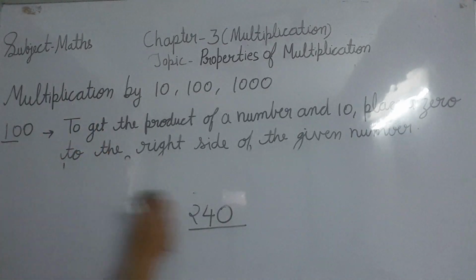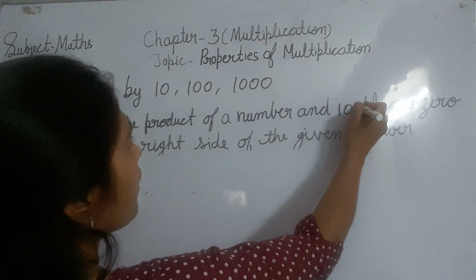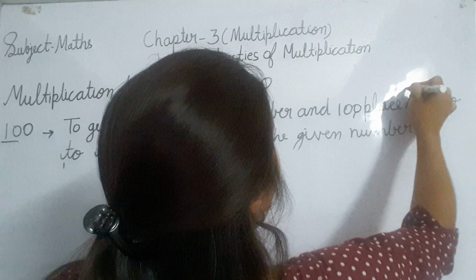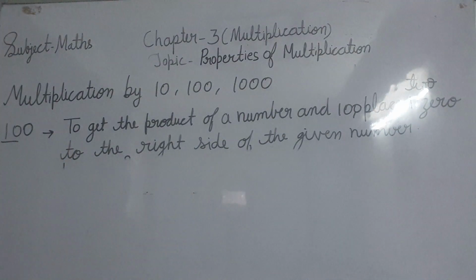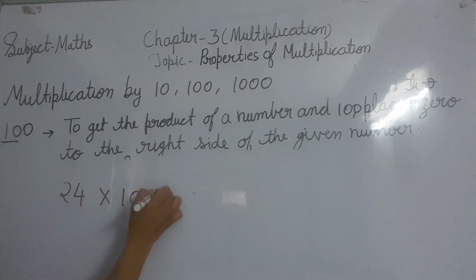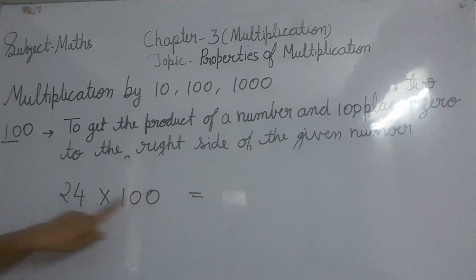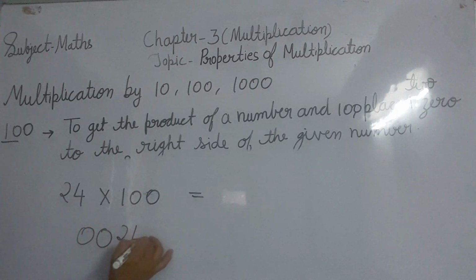In the same way, if we multiply by 100, what will happen here? To get the product of a number and 100, place 2 zeros to the right side of the given number. If I am taking the same number, 24 multiplied by 100, we have to place the 2 zeros to the right side of the number.